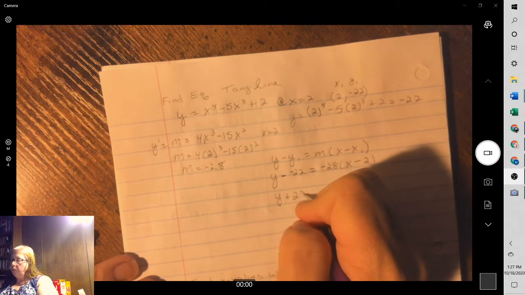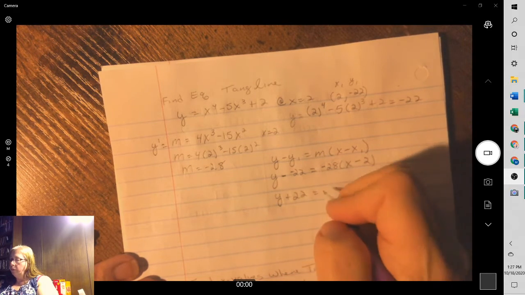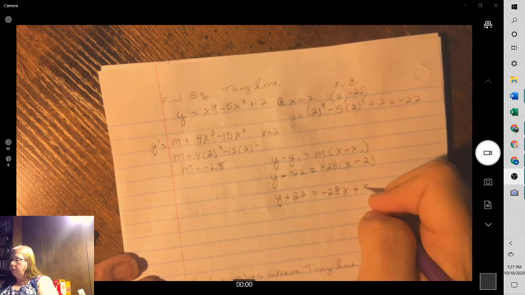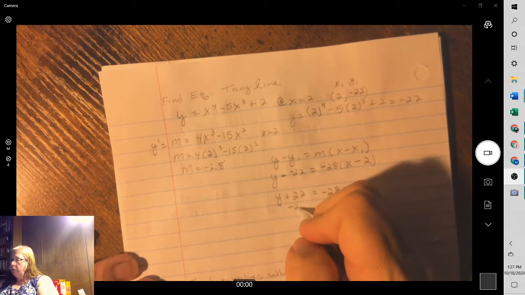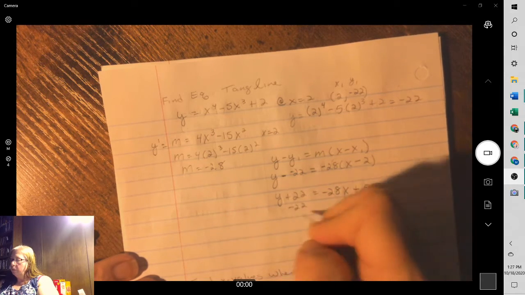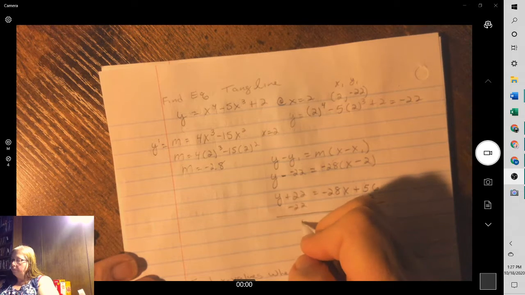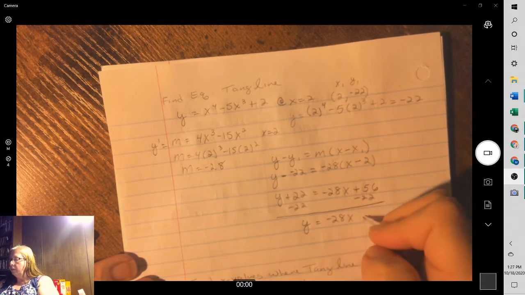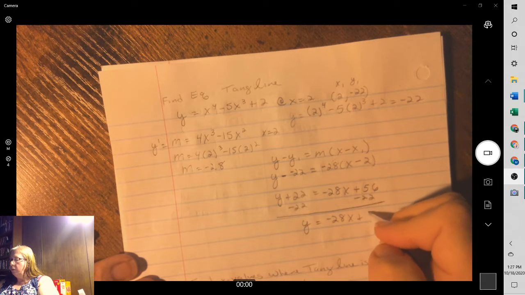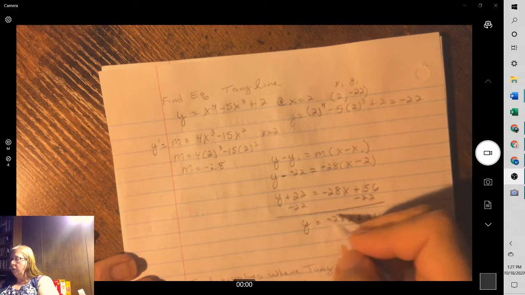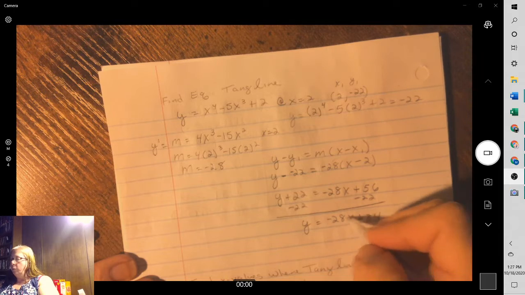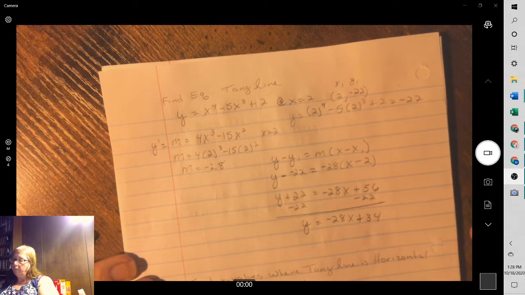So y plus 22 equals, distributing the negative 28, negative 28x plus 56, and then subtract the 22. So you have y equals negative 28x plus 34. So this is the equation of the tangent line. The slope is negative 28.